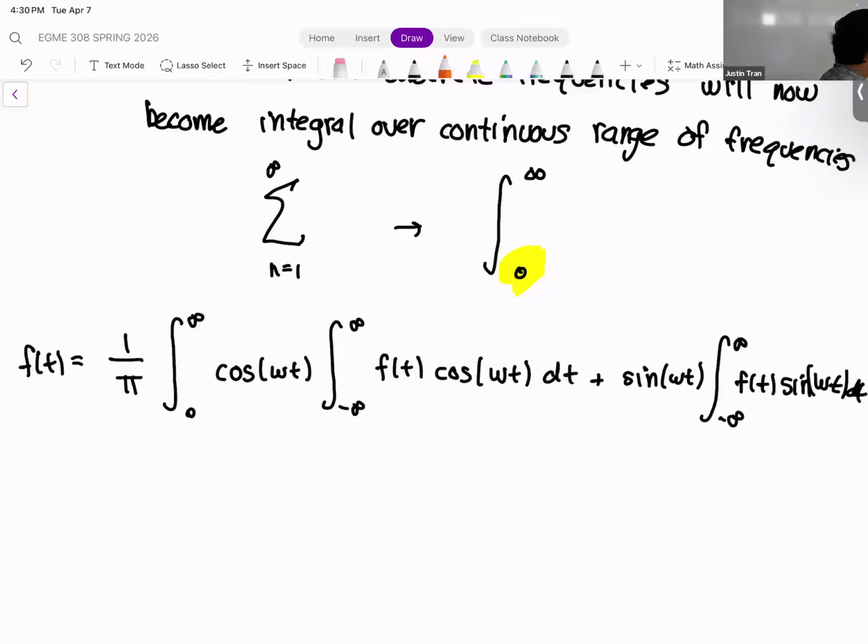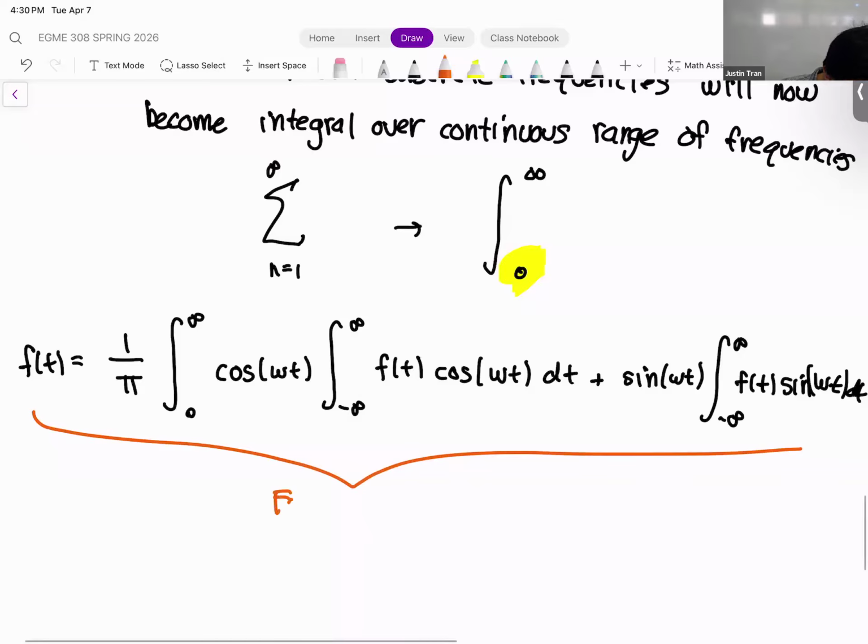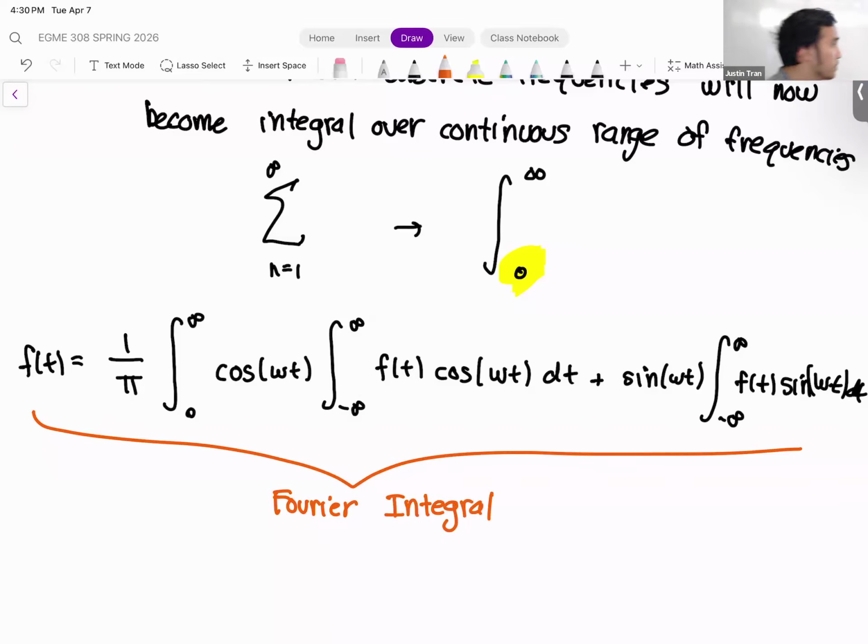This expression right here is what we call our Fourier integral. You can think of it as the continuous form of our Fourier series.